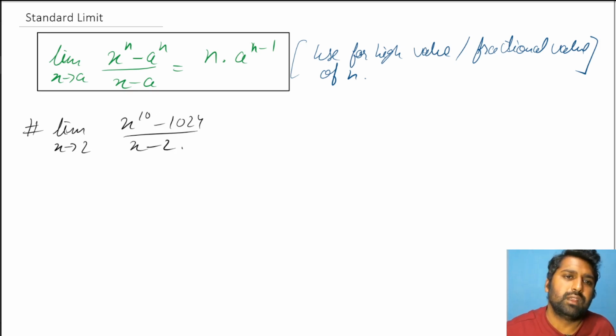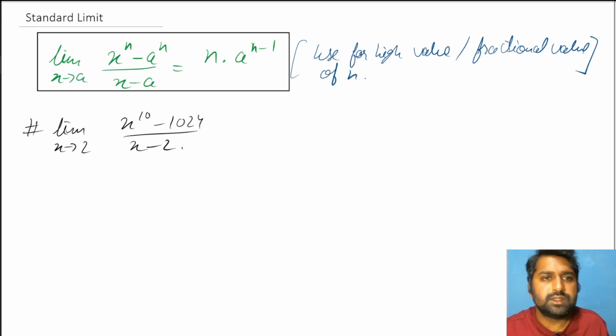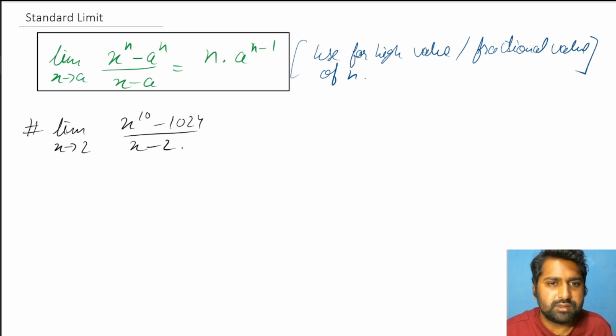Okay. Now look at, first of all, the value of power. 10. I told you that higher power is usually a hint of this. Okay. So by comparing that, first of all, let's rewrite this.